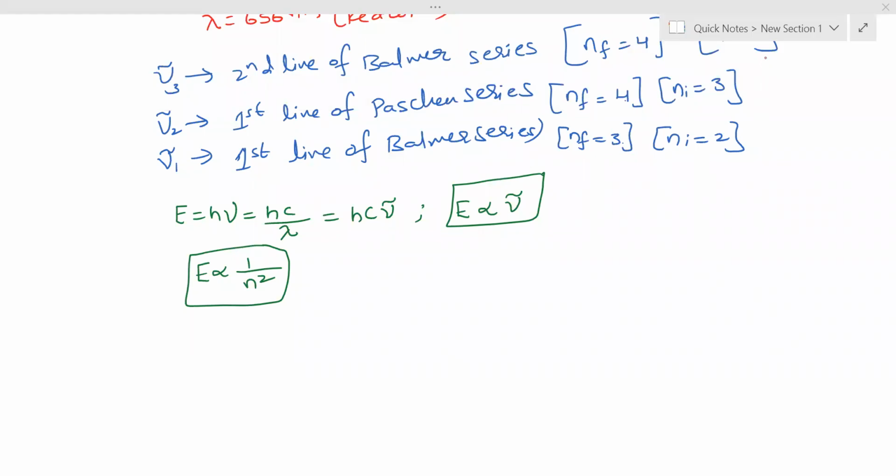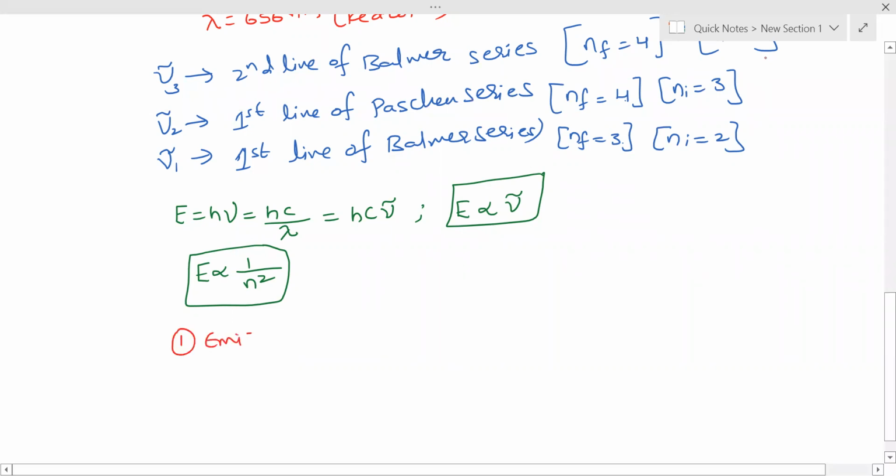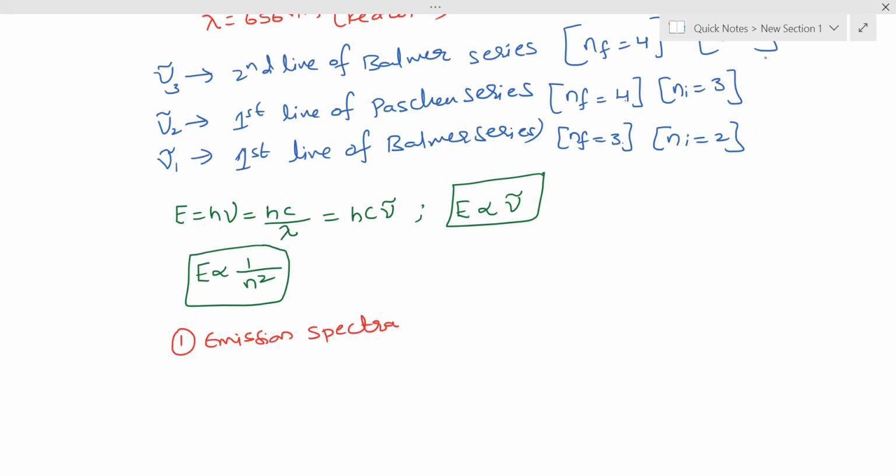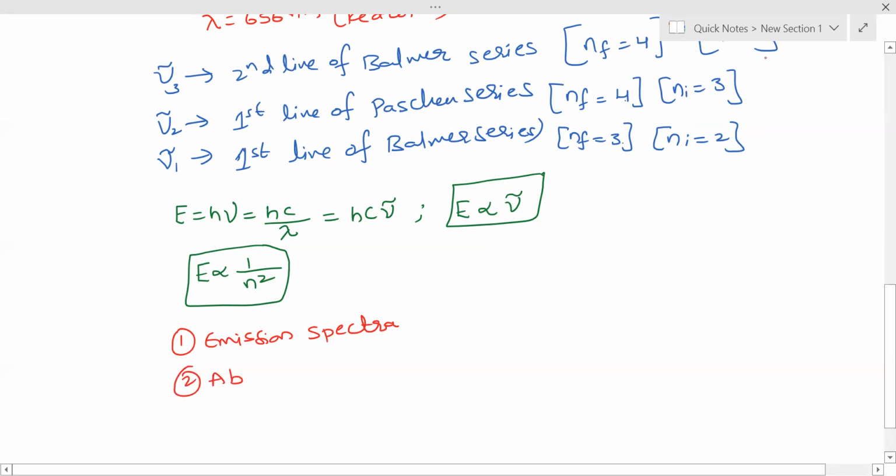Based on the transitions, we have three different kinds of spectra. One is emission spectra. This happens when an electron moves from a high energy orbit to a lower energy orbit or level. In that case, energy is emitted in the form of photons. The next is absorption spectra.